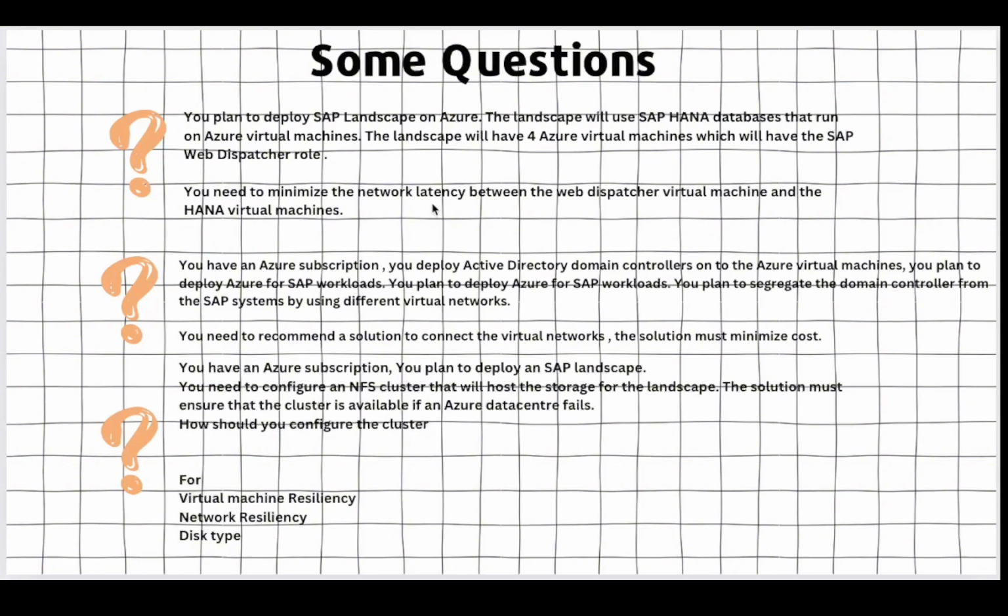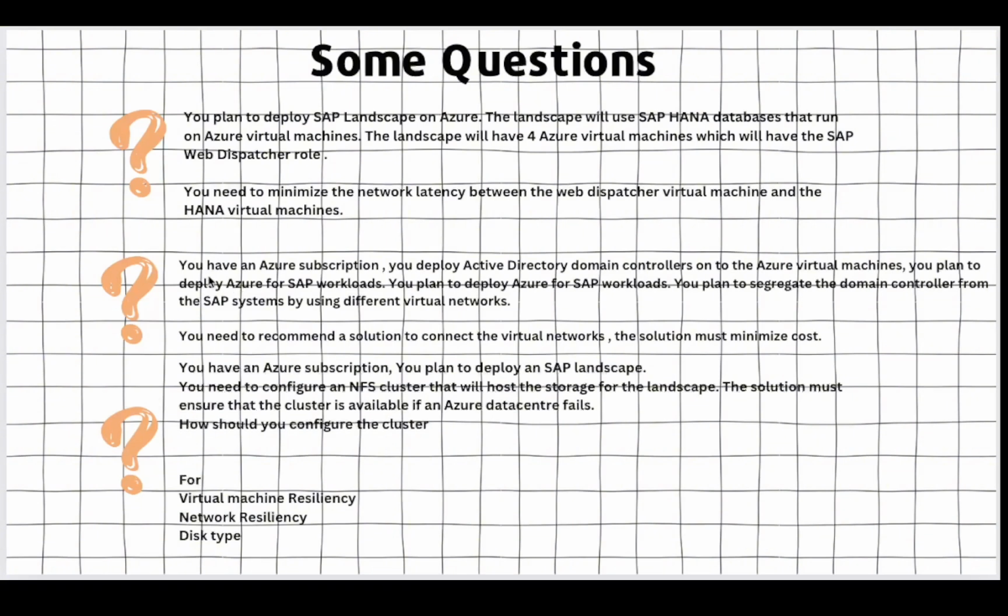You need to minimize the network latency between the Web Dispatcher virtual machine and the HANA virtual machine. What should you use? Well, you should enable accelerated networking. Now, this can significantly reduce the network latency between virtual machines and enhance the network performance.